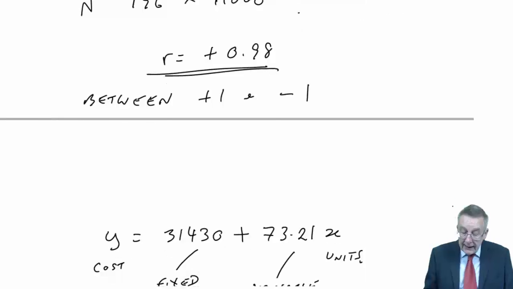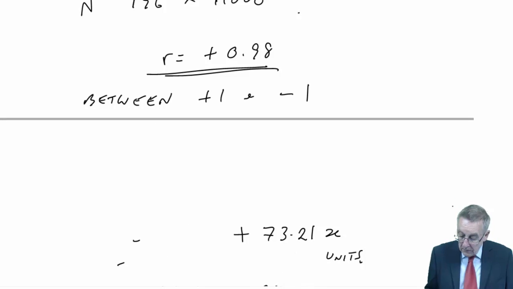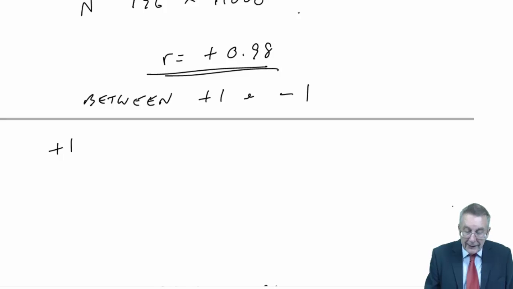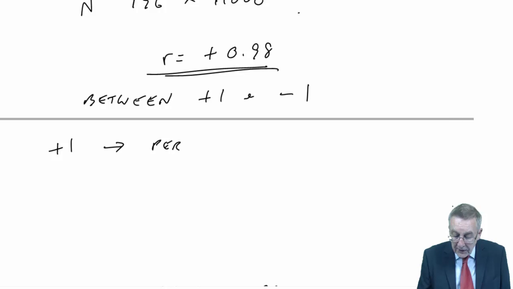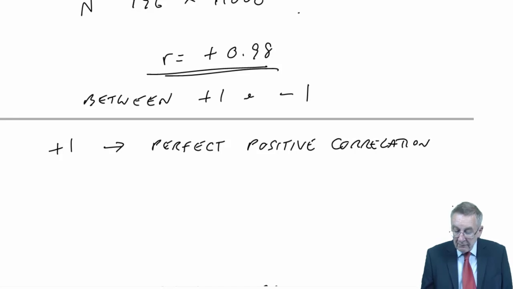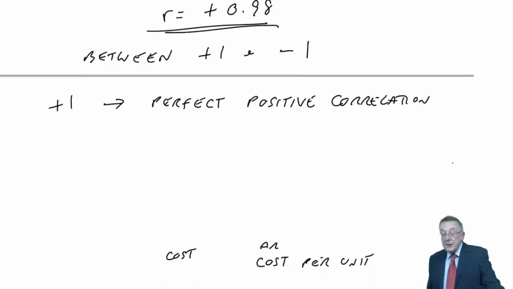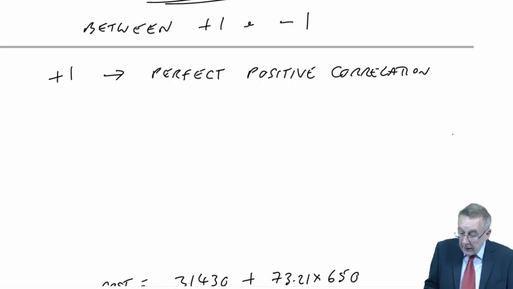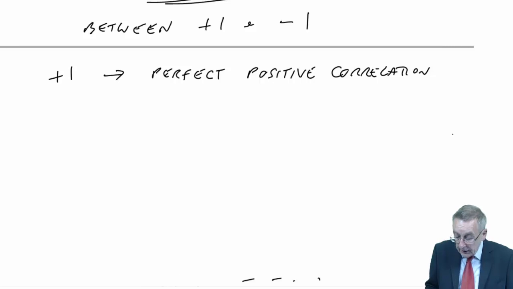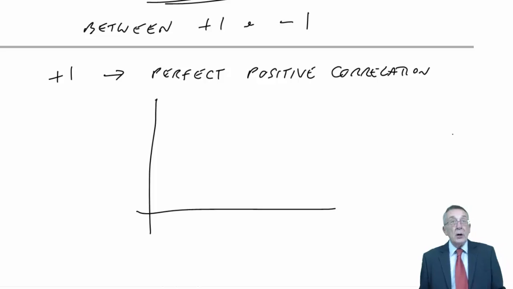And secondly, if it's +1, it means we've got perfect positive correlation, and what that means is the points would lie exactly on a straight line, like we've been looking at, a straight line going up.